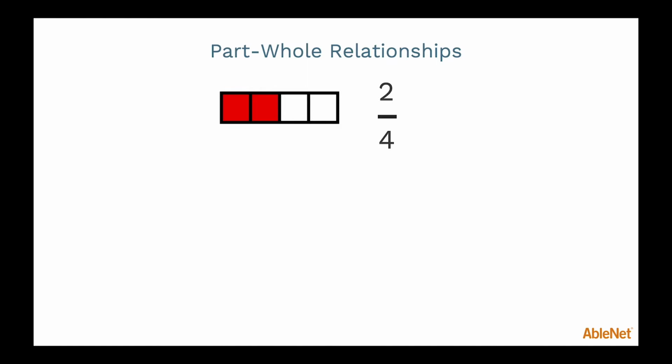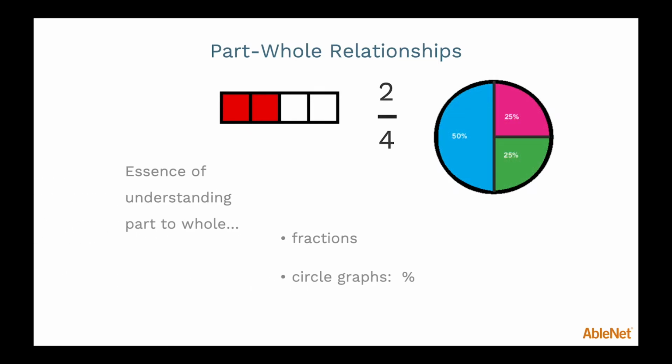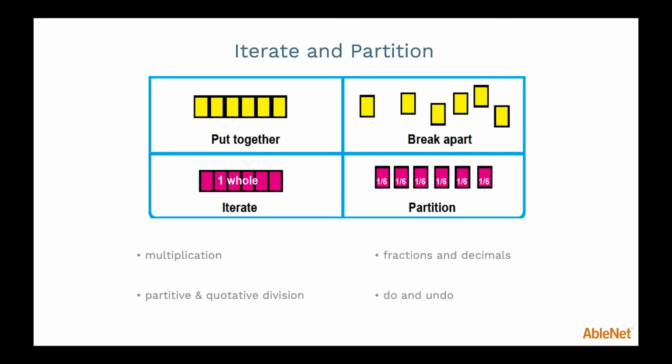Part-whole relationships are then extended with fractions, understanding that the numerator represents the part and the denominator represents the whole. As well as understanding that in a circle graph, you are not comparing the amount as you would in a bar graph, but rather comparing the parts to the whole, which is why they are described as percentages.